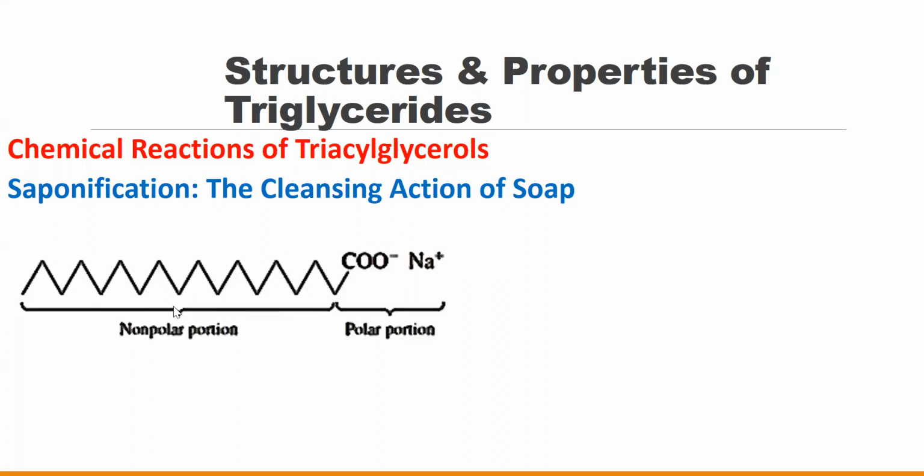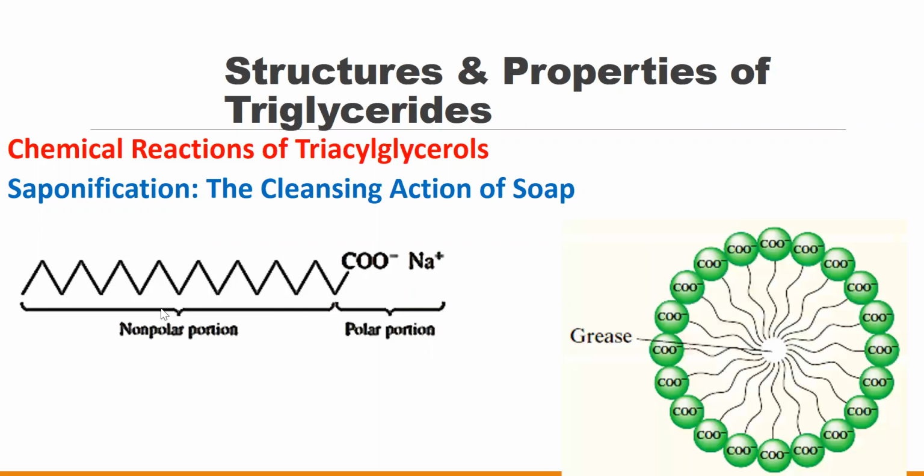This is your non-polar portion, and this is the portion that would be bound to the dirt. Usually your dirt would have the oily part or the hydrophobic part. So this end becomes your tail, and this one becomes your head. The head is your polar end, and the tail is the non-polar portion.